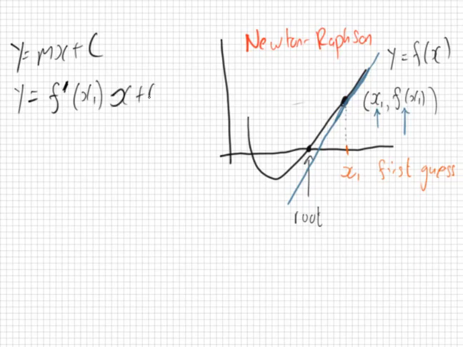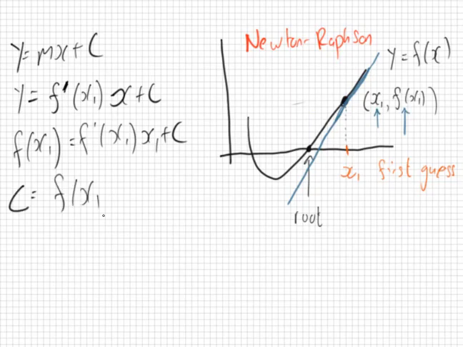Now how do you find the c? What do you do? Sub in a point. So we get f(x1) equals f'(x1) x1 plus c. So we end up with c equals f(x1) minus f'(x1) x1.